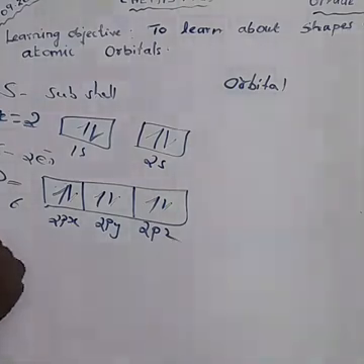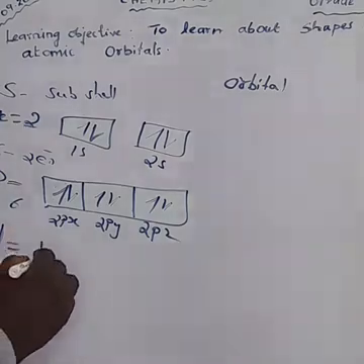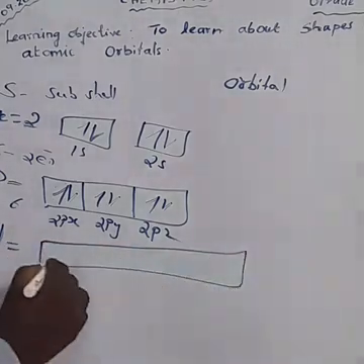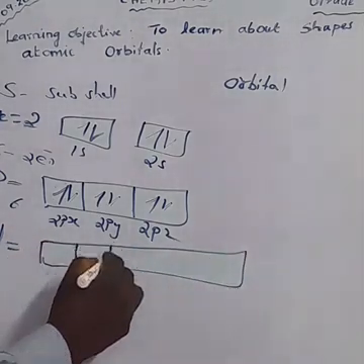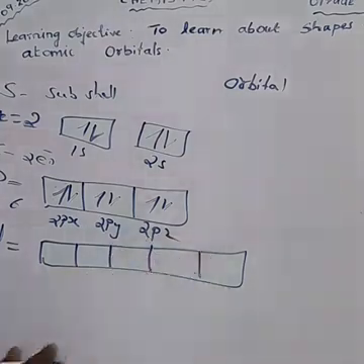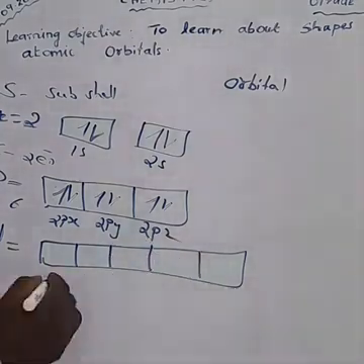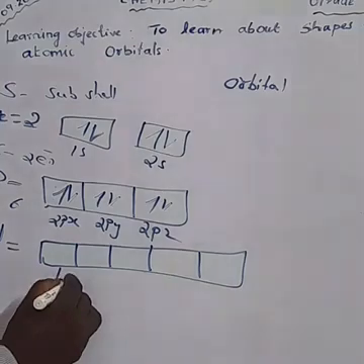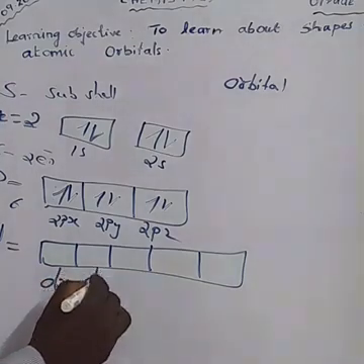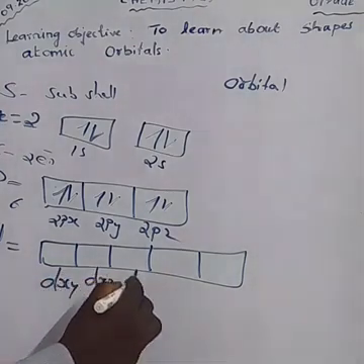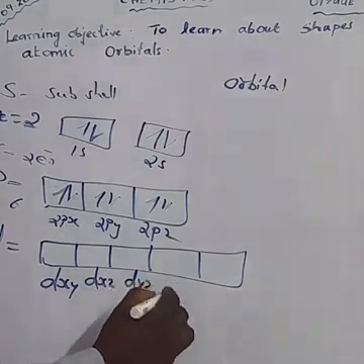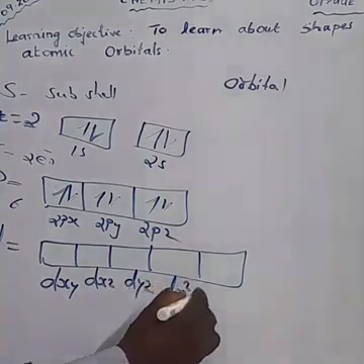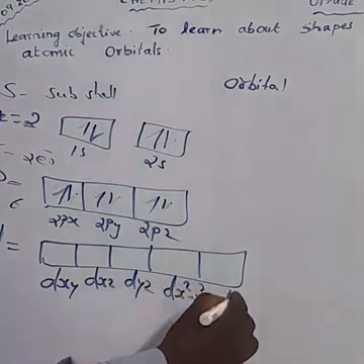Next about the d subshell. The d subshell has 5 orbitals: 1, 2, 3, 4, 5. That is dxy, dxz, dyz, dx square minus y square, dz square.